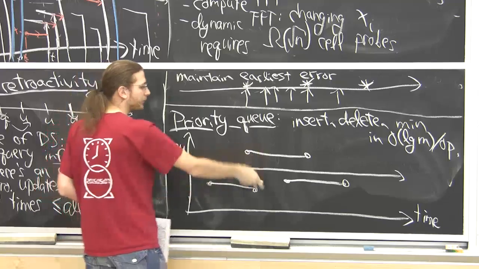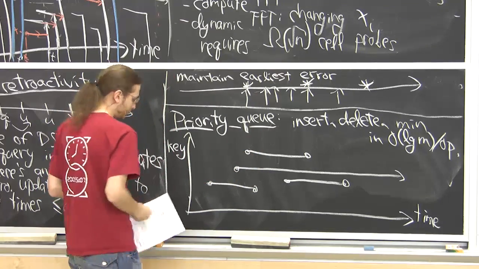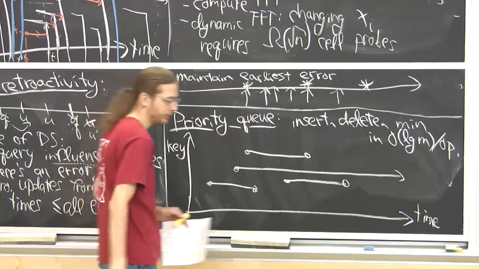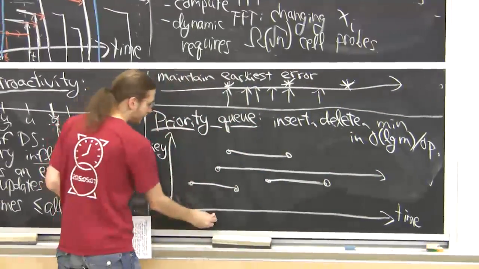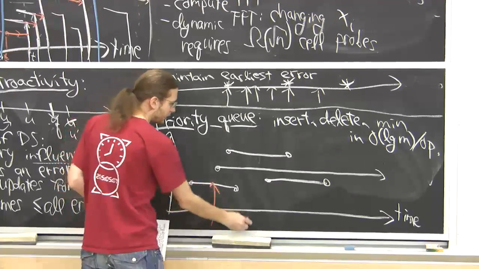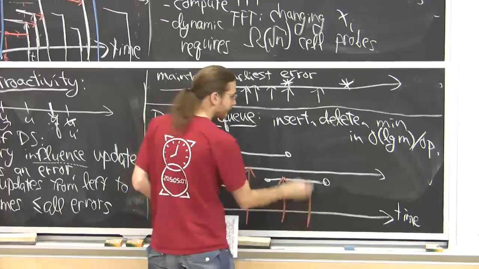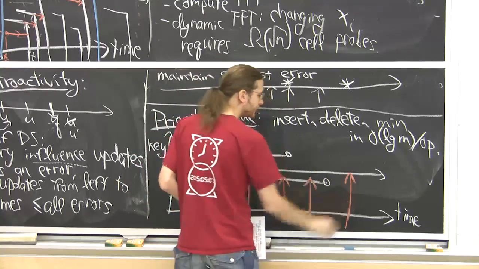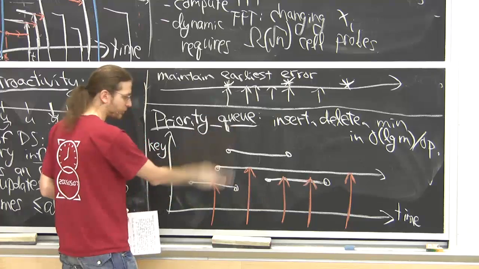So you have some inserts, deletes. They all correspond to points in here. And then you have min queries, which maybe I will draw in red. So a min query would be something like this. Give me the lowest segment at this time.